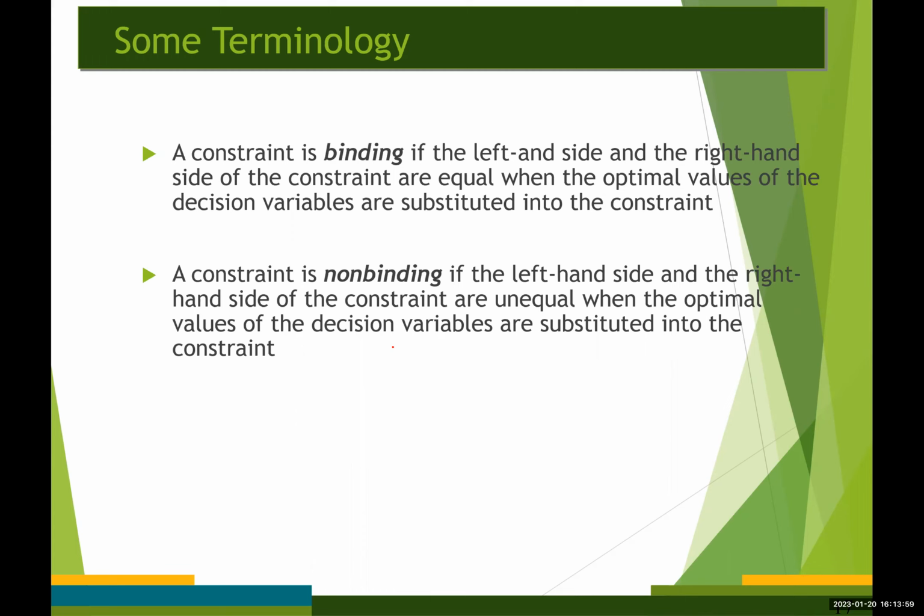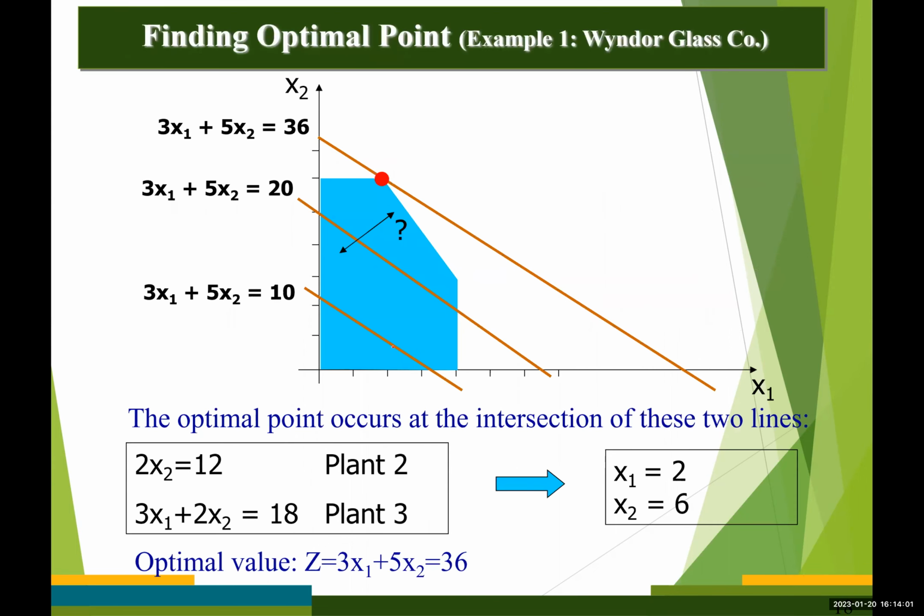So let's consider our window glass example problem. For the optimal point, which is this point, this constraint is non-binding, and these two constraints are binding constraints, right?